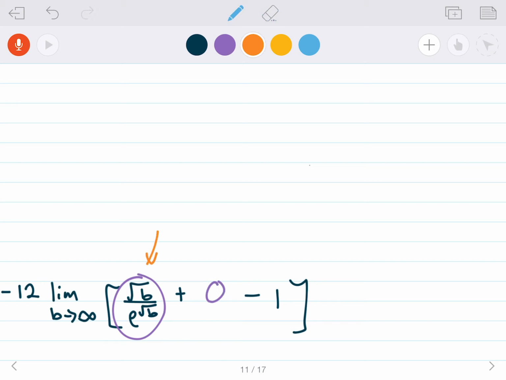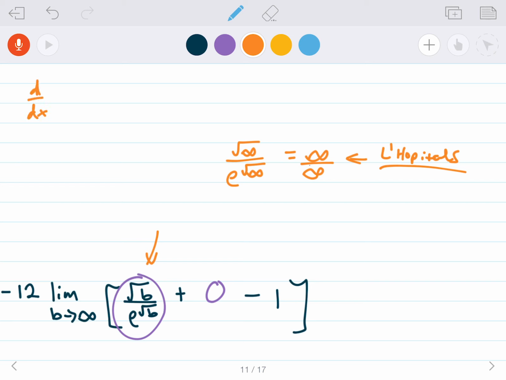Now this guy, we're going to have to use L'Hopital's rule, because if I plug in infinity for b, I get root infinity over e to the root infinity, which is an indeterminate form. So here I'm going to use L'Hopital's rule, and that tells me to take the derivative of the top. The derivative of root b is just 1/2 b to the negative 1/2.